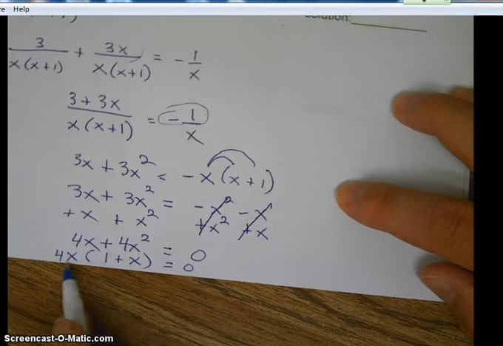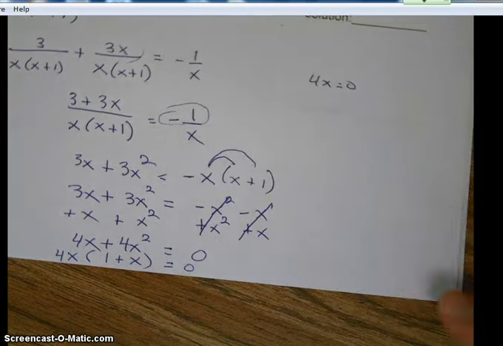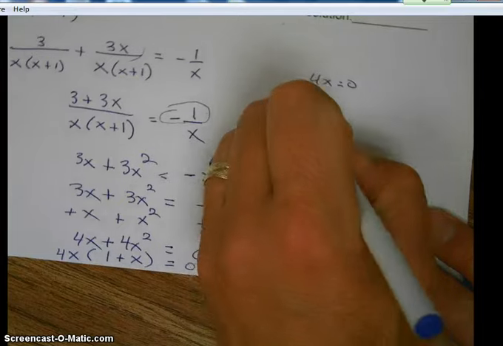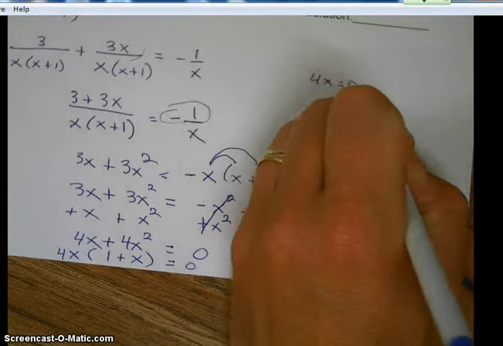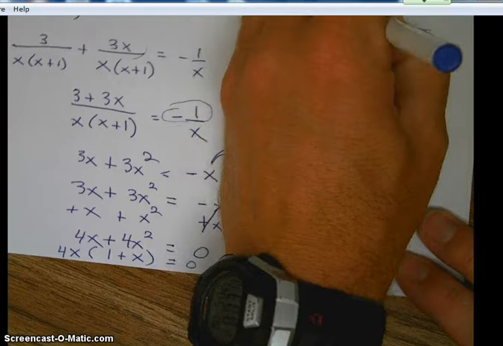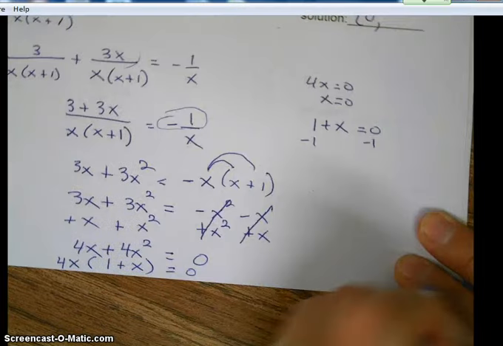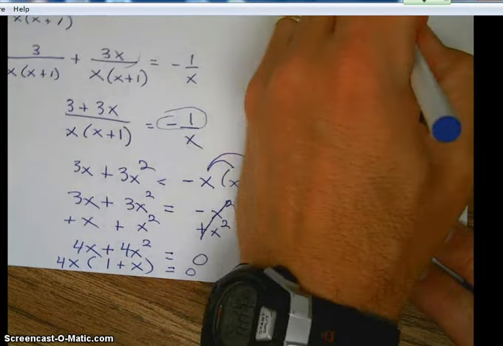Then set each factor equal to 0, so 4x and 1 plus x. Obviously this answer is going to be 0, and subtracting the 1, this answer is going to be -1.